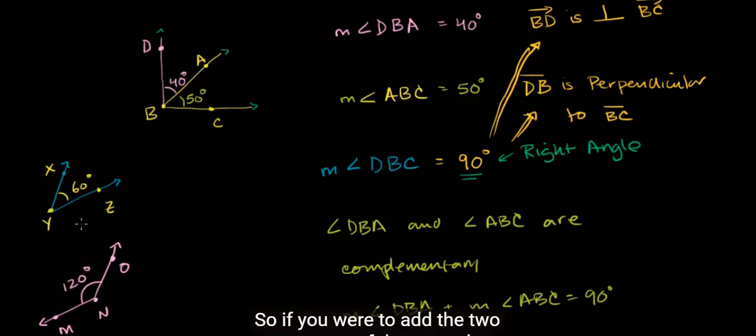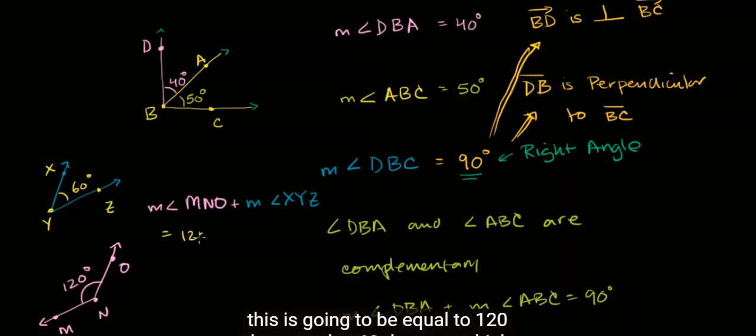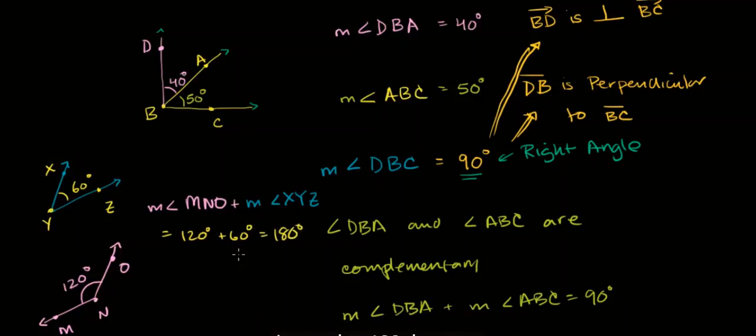So if you were to add the two measures of these, let me write this down. The measure of angle MNO plus the measure of angle XYZ is equal to 120 degrees plus 60 degrees, which is equal to 180 degrees.